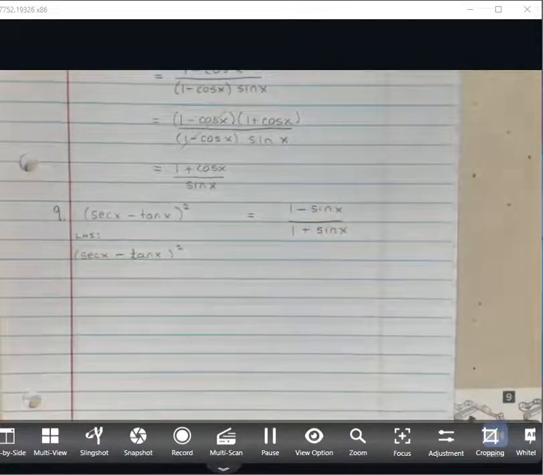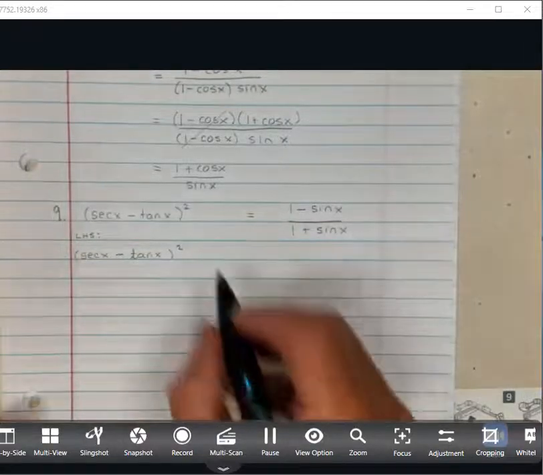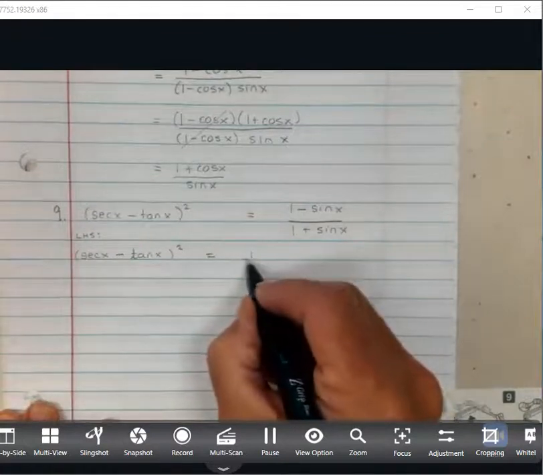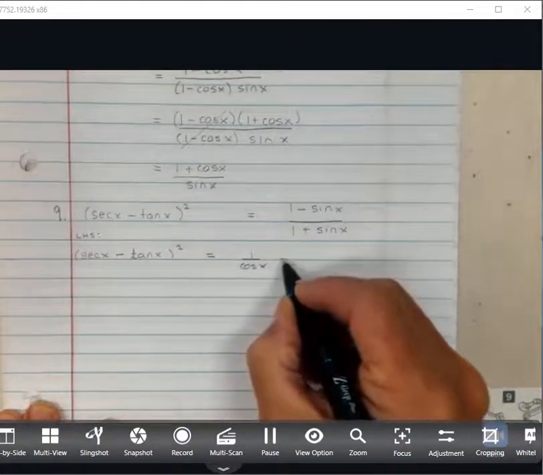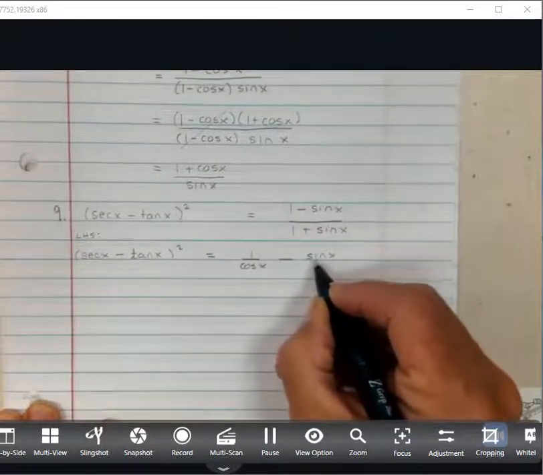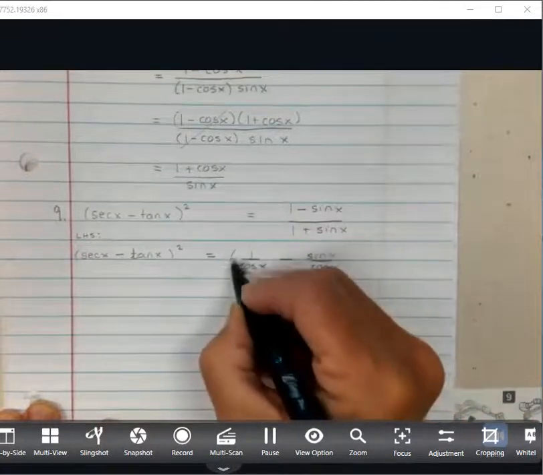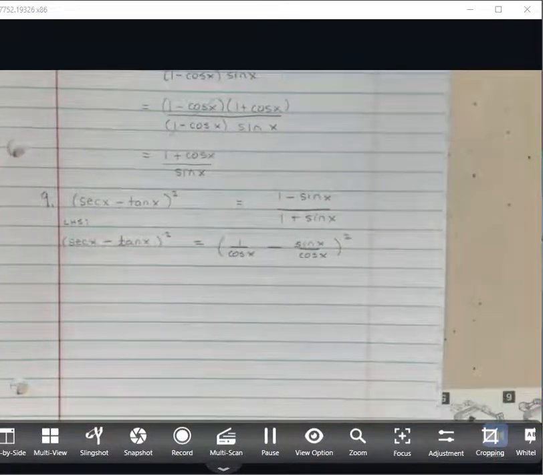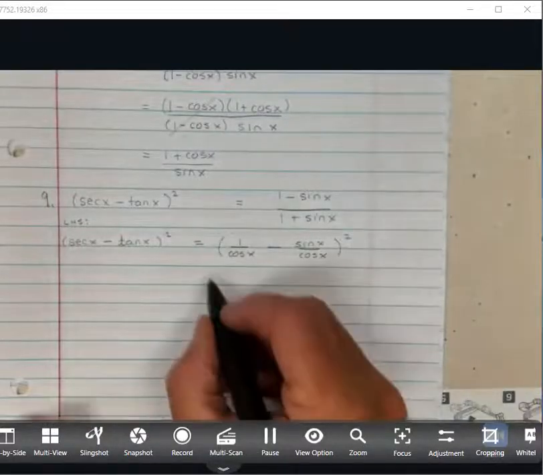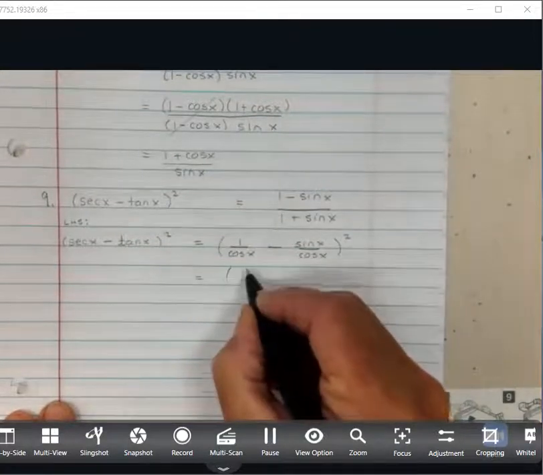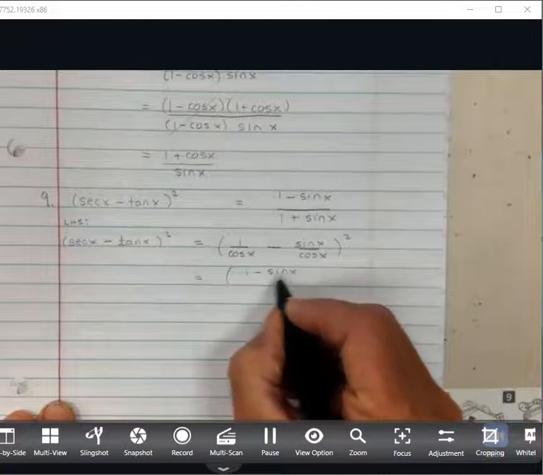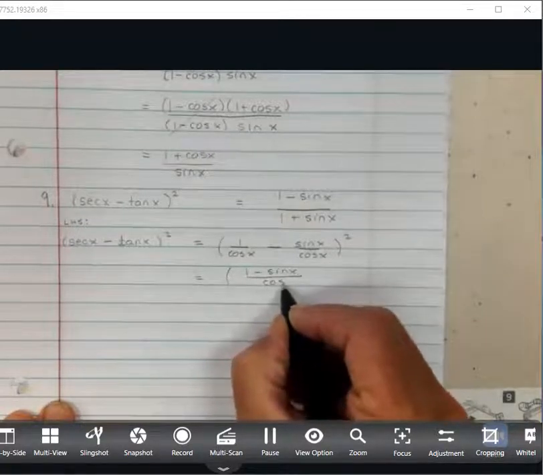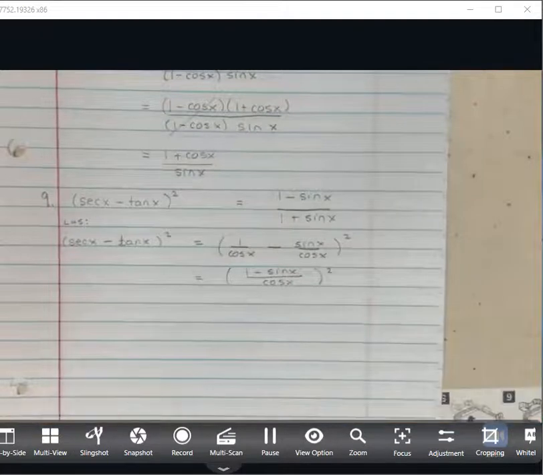Secant is 1 over the cosine, tangent is the sine over the cosine. And in the parentheses, I have 2 fractions with a common denominator. I'm going to write them now as a single fraction over that cosine of x. So I'm going to have 1 minus the sine of x divided by the cosine of x. All of that is to be squared.